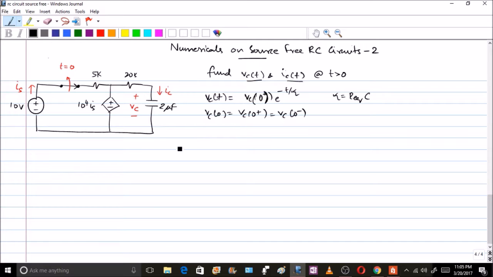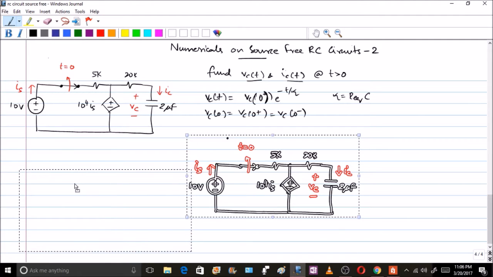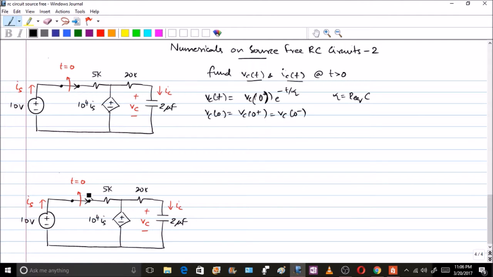So let's go back in time. For that I have already copied the circuit and I will paste it here. So we are back in time now. This is t equal to 0 minus, that is t less than 0. The circuit is in a steady state condition.